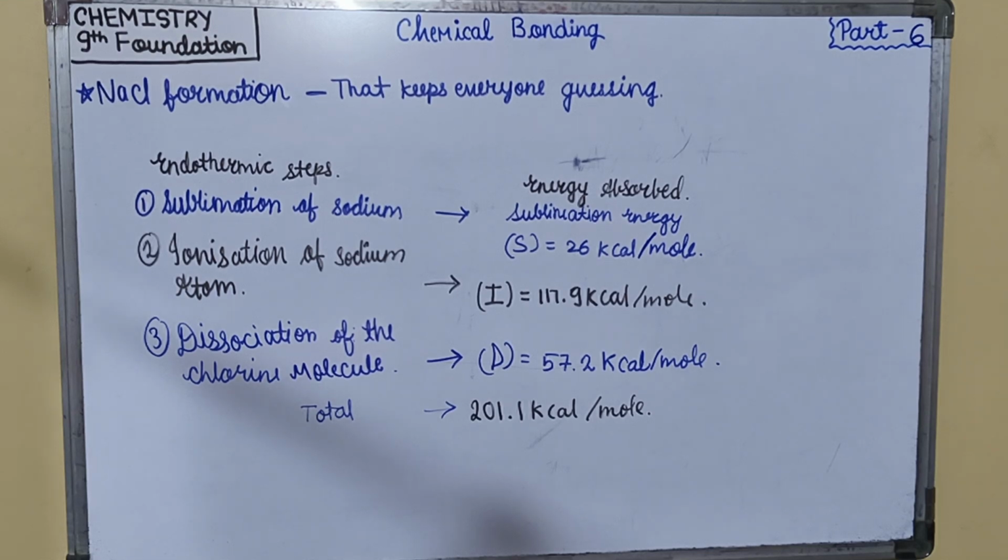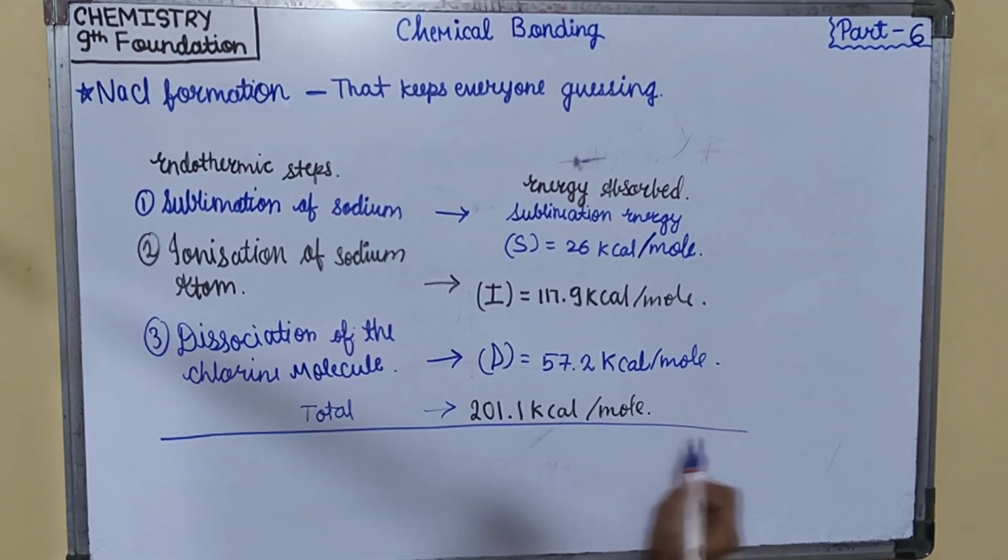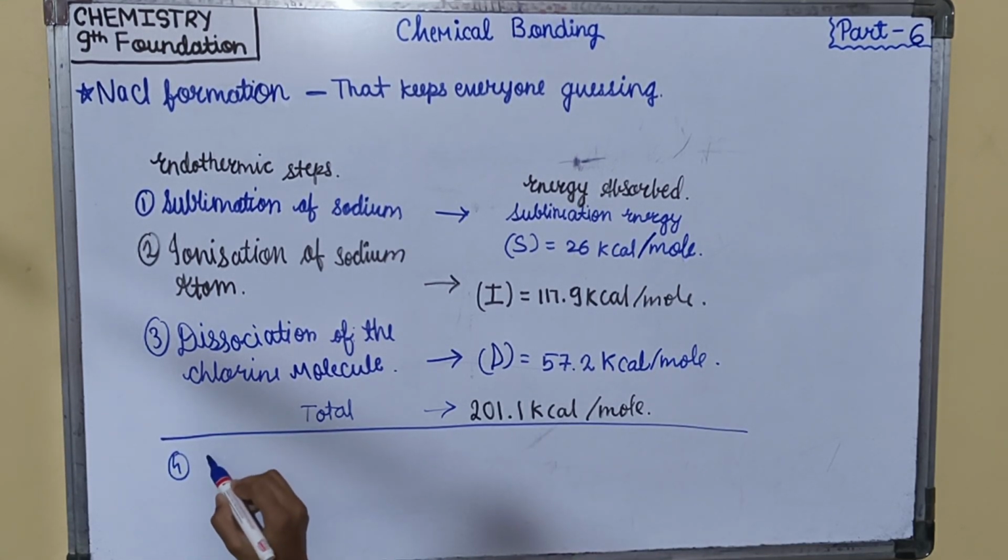So there are two types of reactions going on: releasing energy, exothermic, and energy absorbing, endothermic, which can be summarized. Fourth one is formation of chloride ion.